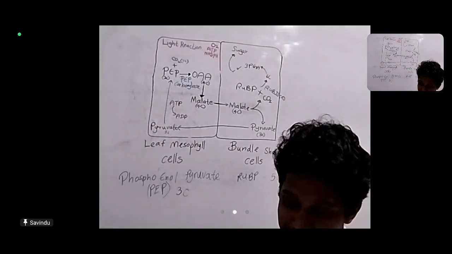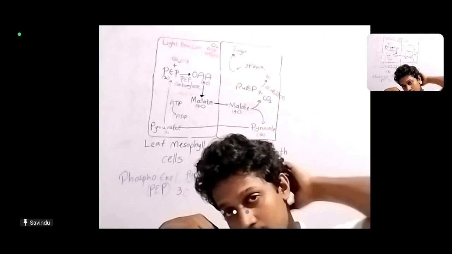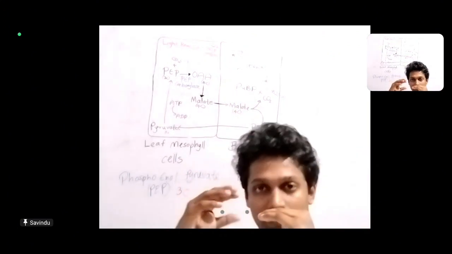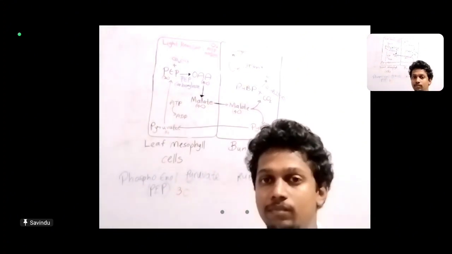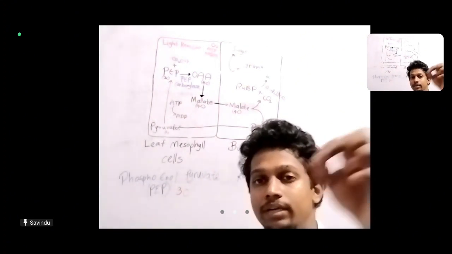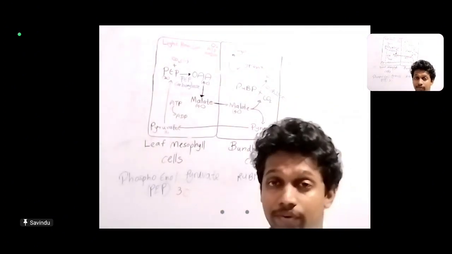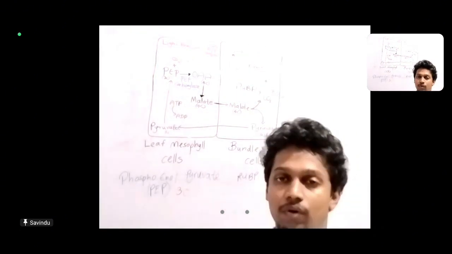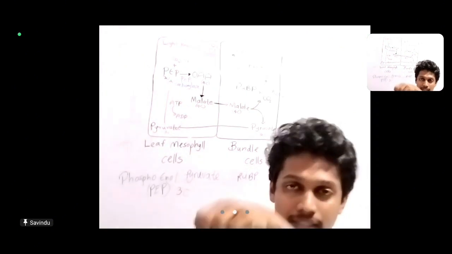Next point. The bundle sheath cells enclose the vascular bundles. The synthesized glucose is converted into sucrose and passed down to the storage areas via the phloem vascular tissue.